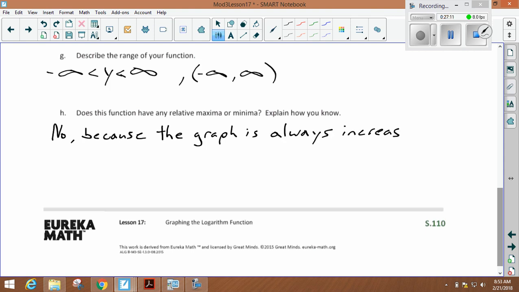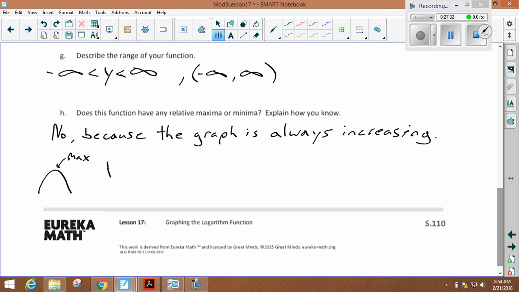And now that I said that, let's talk about why that's true. Remember, this guy right here, that's a max. In other words, a maximum is where your graph changes from increasing to decreasing. There's never a point on the graph of log of x where that happens.